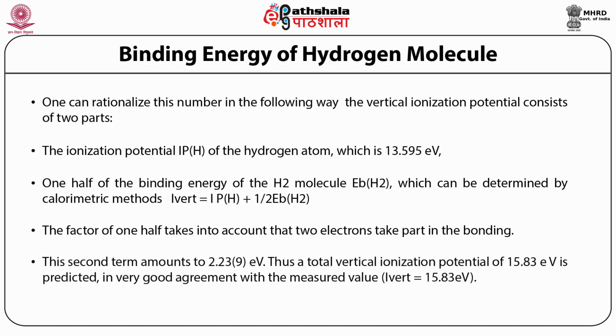The second term amounts to 2.23 electron volt. Thus, a total vertical ionization potential of 15.83 electron volt is predicted, which is in very good agreement with the measured value of 15.83 again, which is similar to the one which we had predicted.